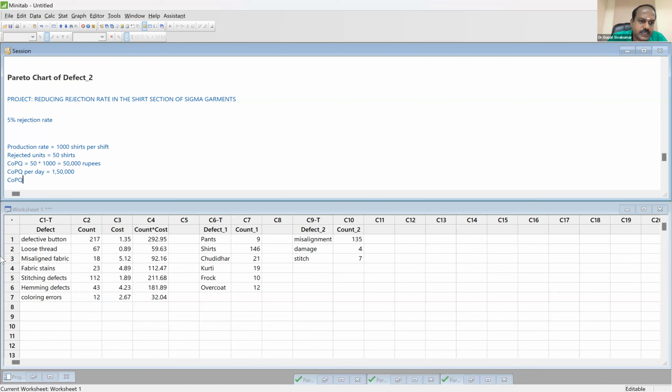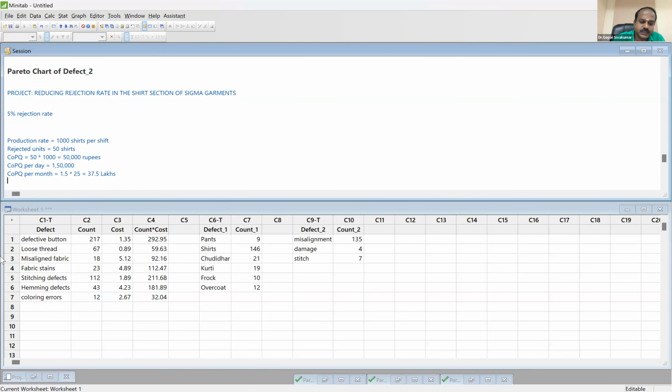I want you to calculate the cost of poor quality per month. 1.5 lakhs multiplied by the working days. Shall we take 25 days? That means totally how many lakhs? 37.5 lakhs per month the company is losing because of this particular issue.